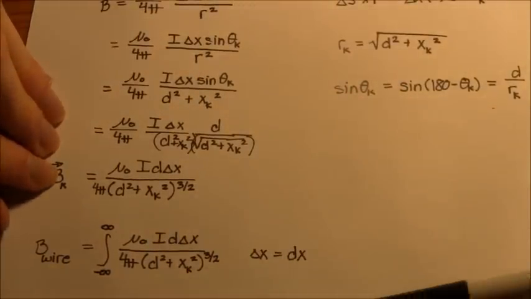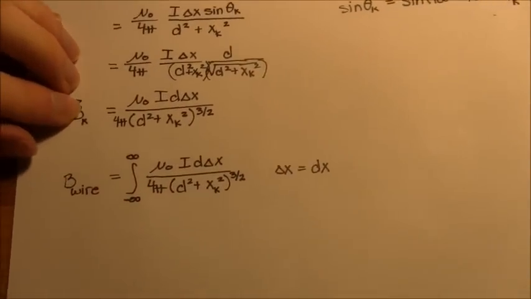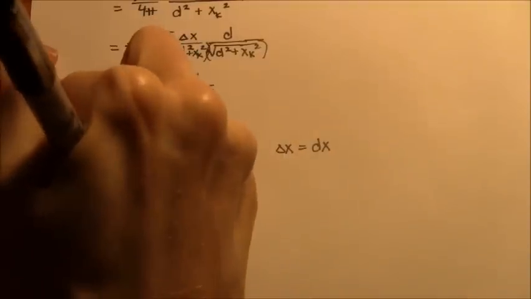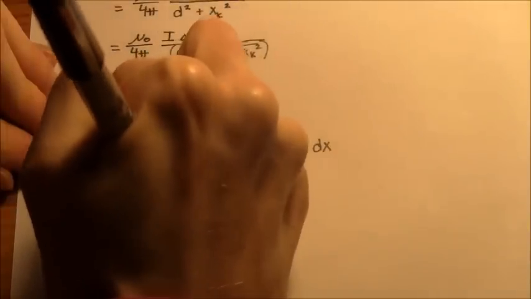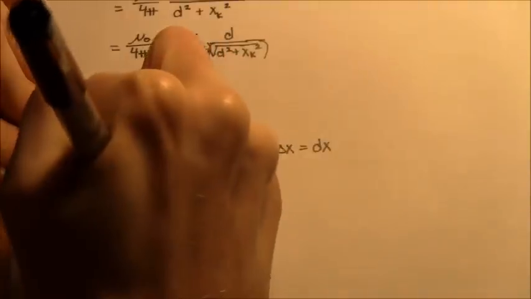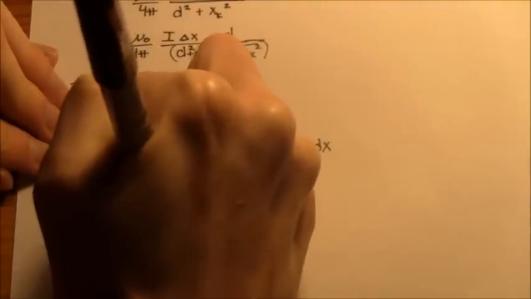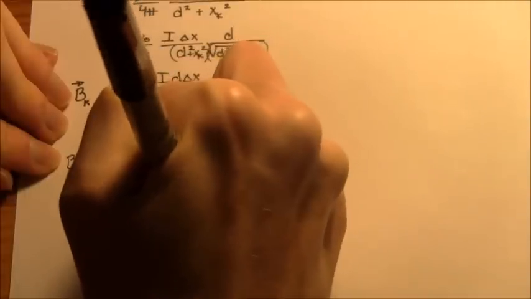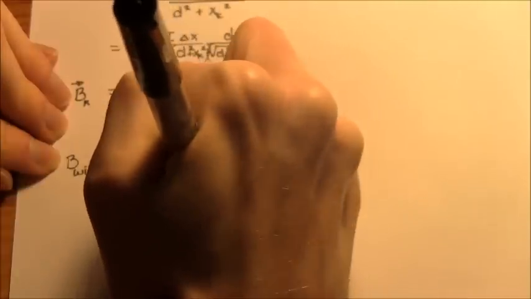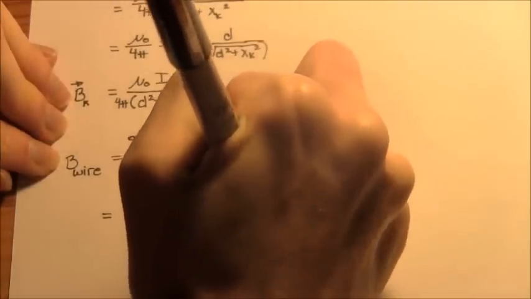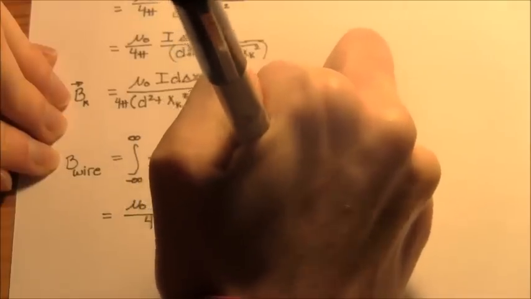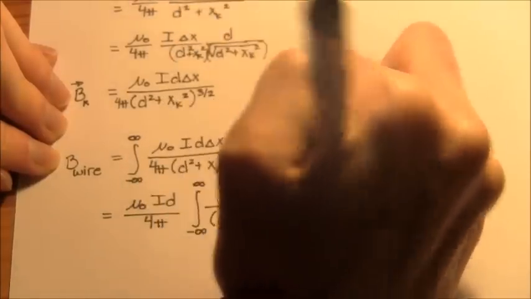So we can pull out the constants, which are mu naught I d over 4 pi, times the integral from negative infinity to infinity of 1 over d squared plus xk squared to the 3 halves dx.